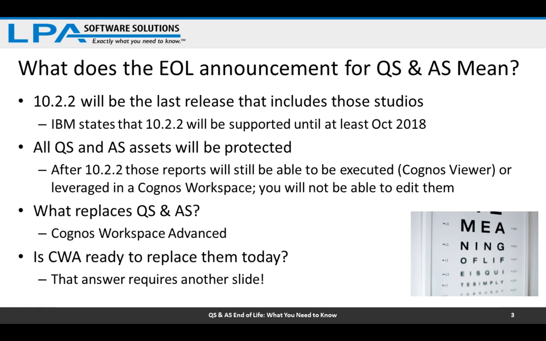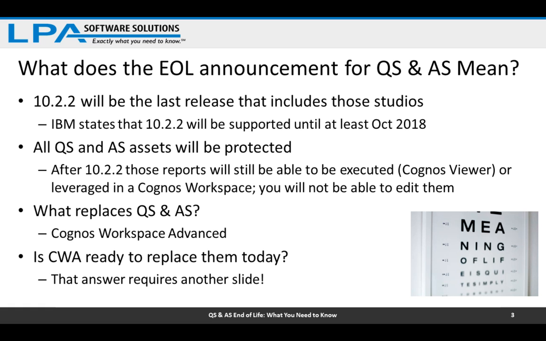And IBM states that this release that includes Query and Analysis Studio as full-blown studios will be supported until at least October 2018. So one of your options is to wait and only migrate when the 10.2.2 release is not supported.